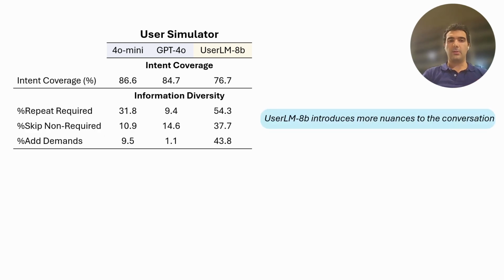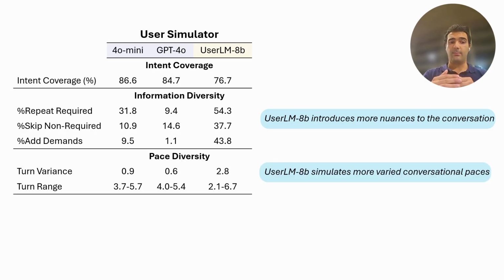Then there is more information diversity. The user LM will introduce more nuances. It'll add specific demands that are unique and not in the original task, like for instance the English name that we saw in the example. It might skip more often the non-required information that is implicitly obvious, and it might repeat information more often.